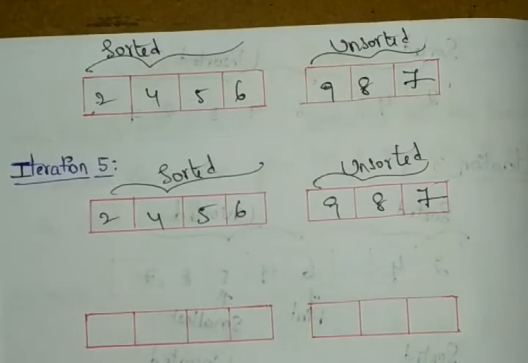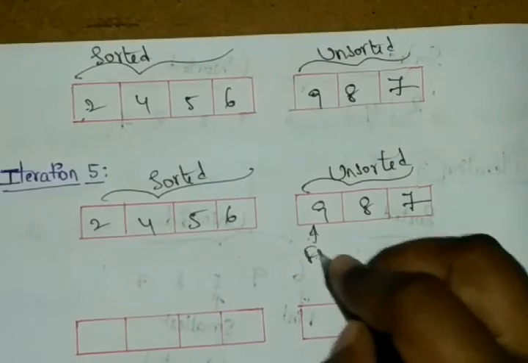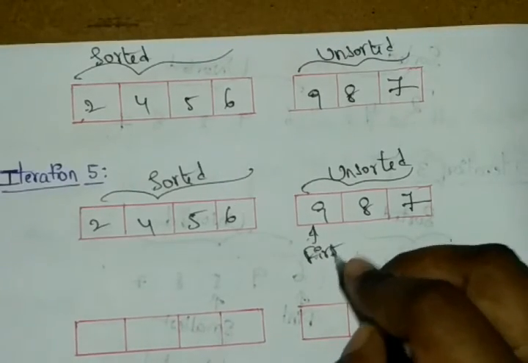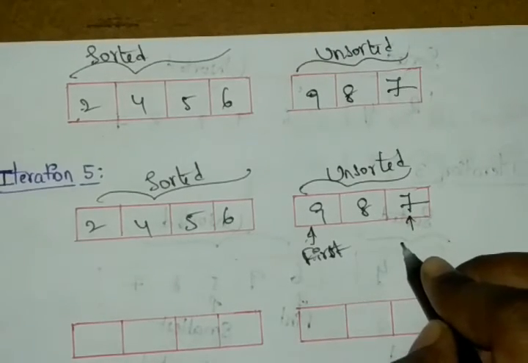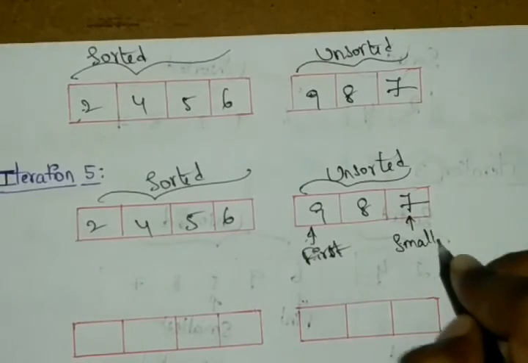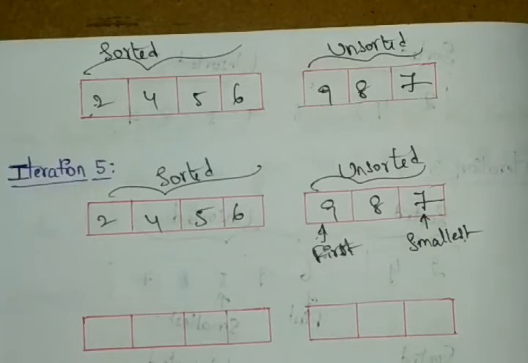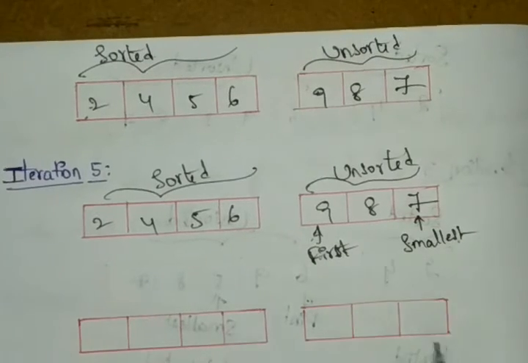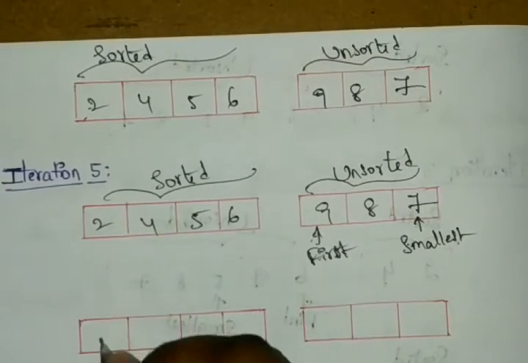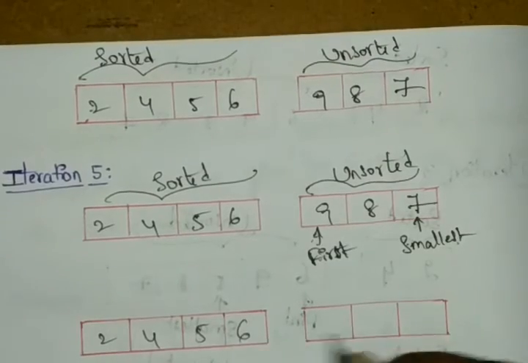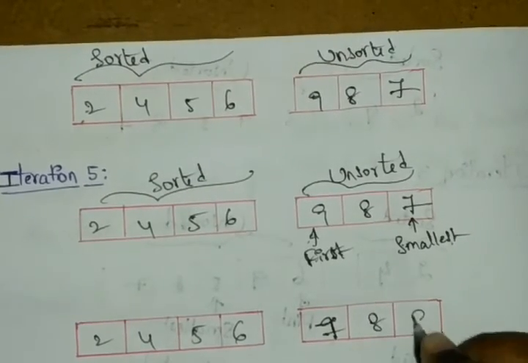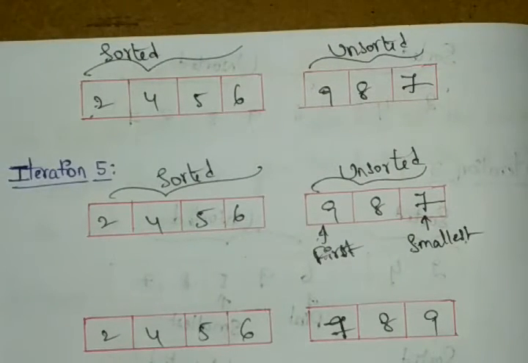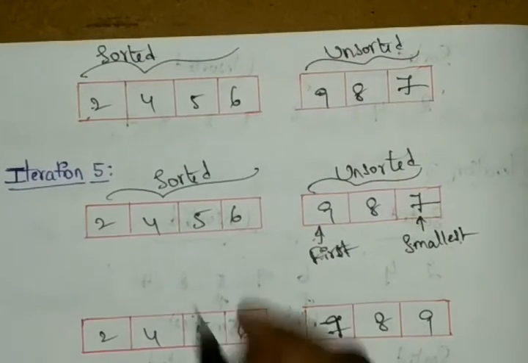So compare, this is the first element, and the smallest element is the 7. And then you can swap these two now. 2, 4 and the 5, 6. So here we are swapping this one. 9 will come to here.